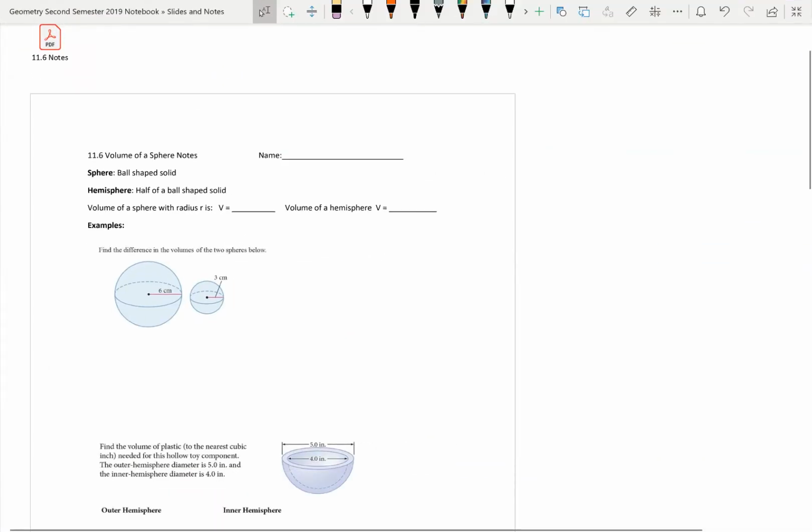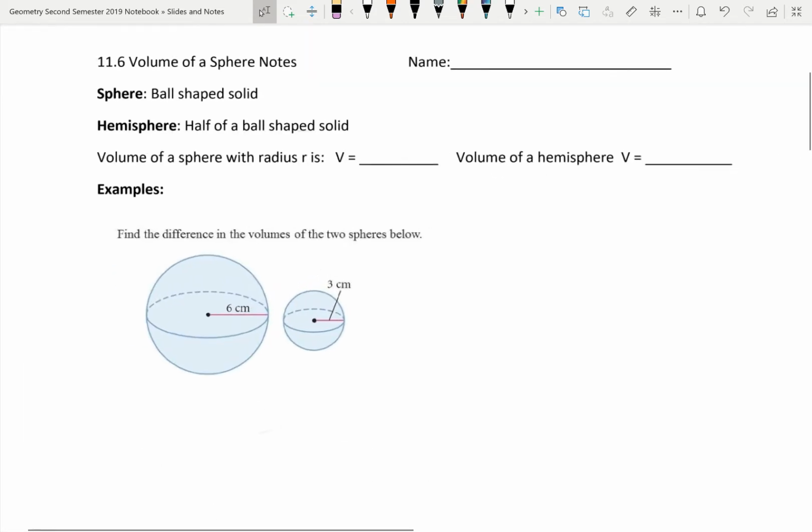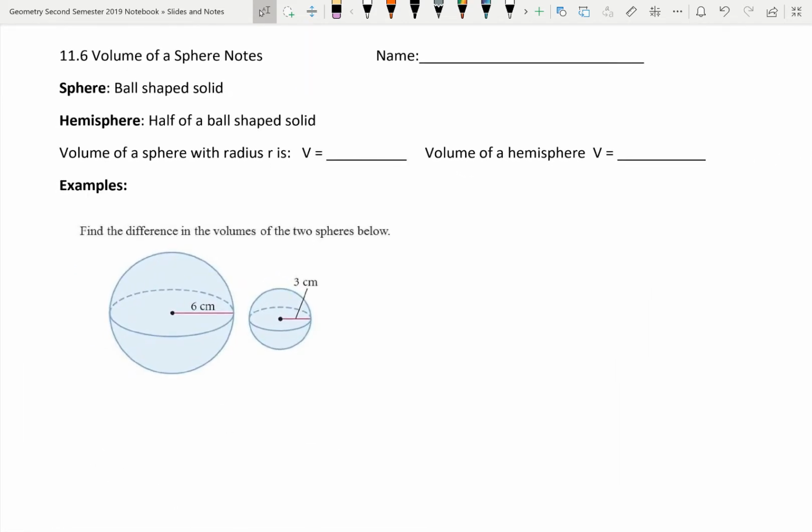All right, I'm going to go over the notes from 11.6, which is the volume of a sphere. A sphere is a ball-shaped solid. Half of a sphere is called a hemisphere. To find the volume of a sphere, the formula is 4/3 times pi times r cubed.